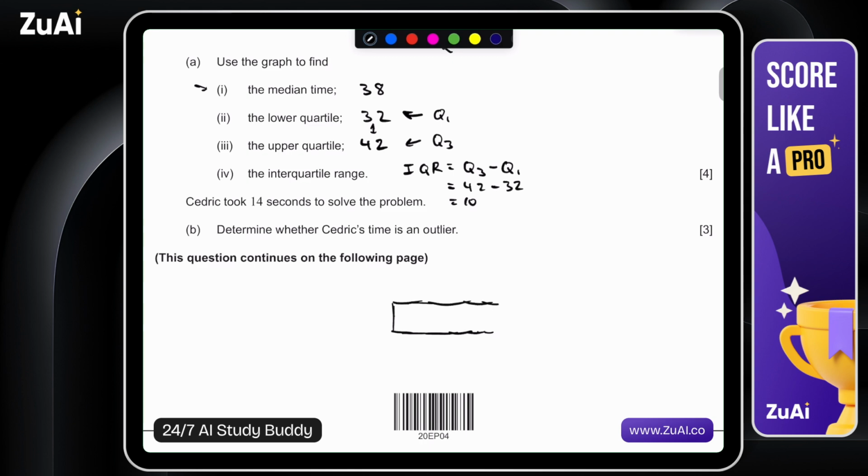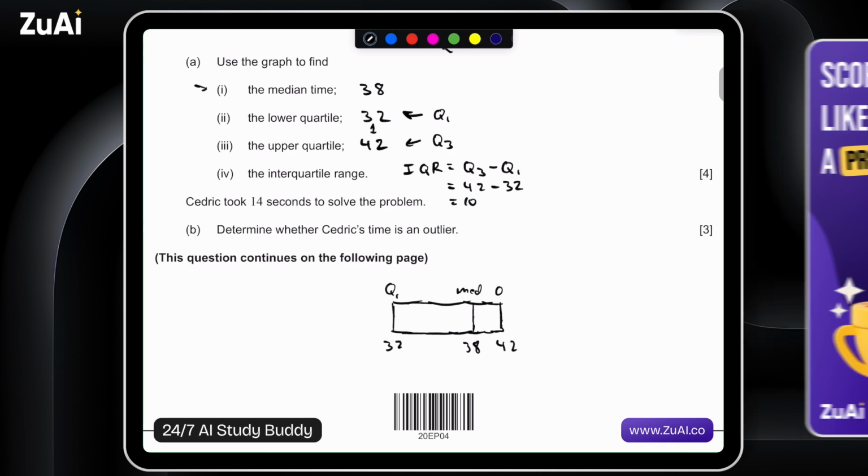If we have, for example, our box and whisker plot right here, and we have these values of 38, 32, and 42, so we have values for Q1, our median, and Q3.